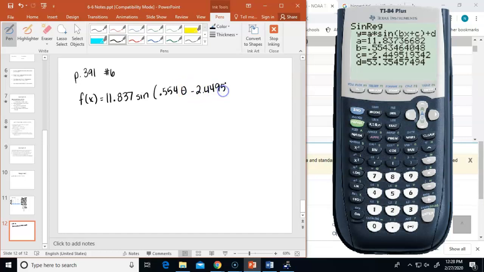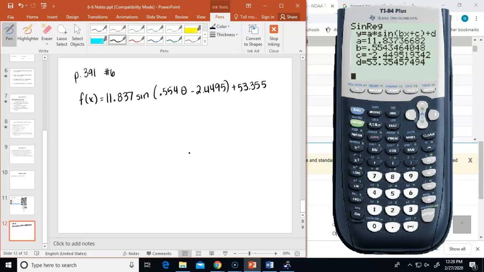I'm going to keep 4 decimal places there to avoid having to round that weird, plus 53.355. Okay, so the steps for this are the same as they are for every other regression, except you're going to pick C from the list instead of any of those other ones.